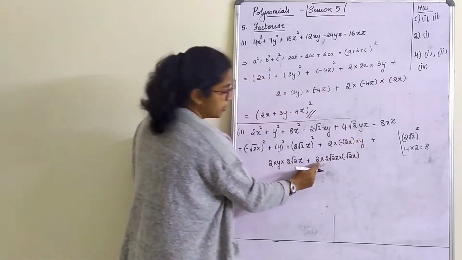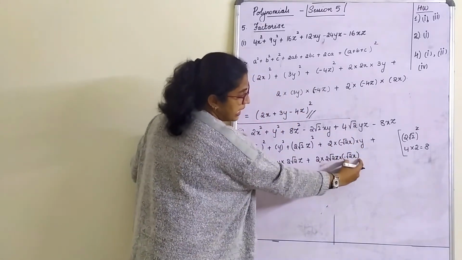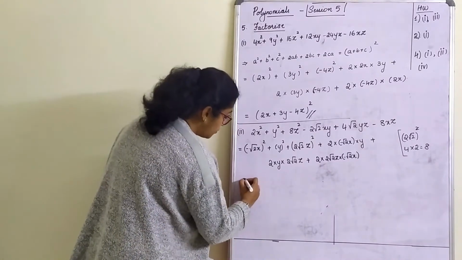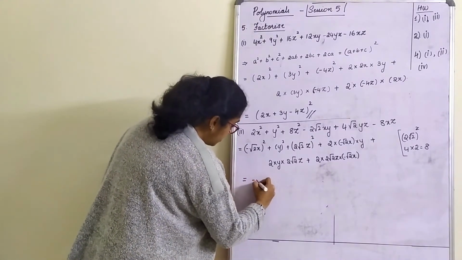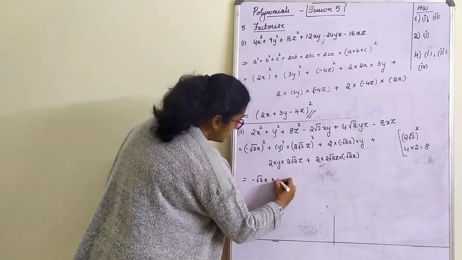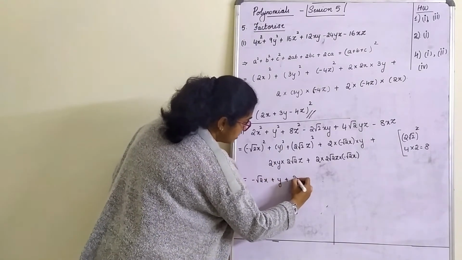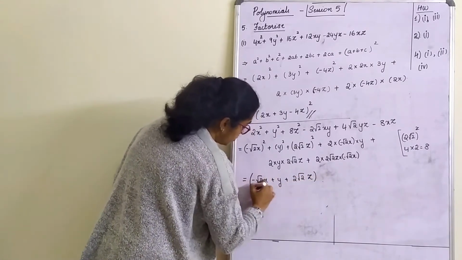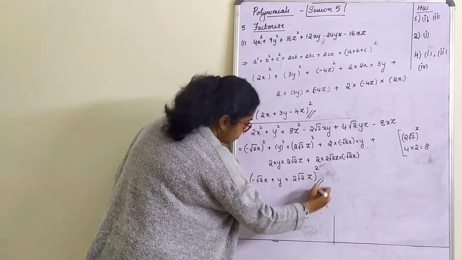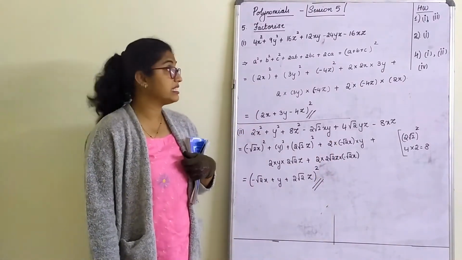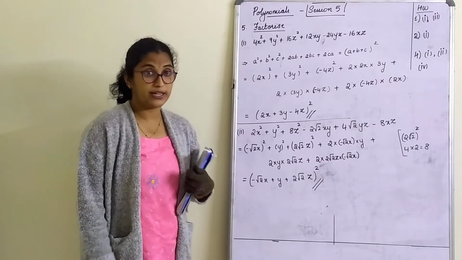Z into 2CA. Clear? So we got the same answer? Okay. Let's finally write it. Minus root 2x plus y plus 2 root 2z whole square. So this is how you factorize a plus b plus c whole square term.